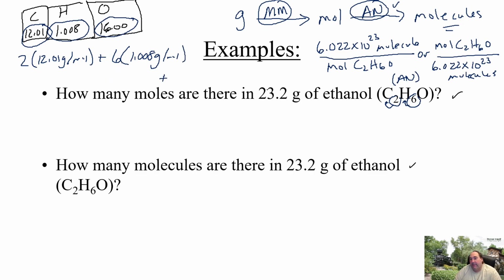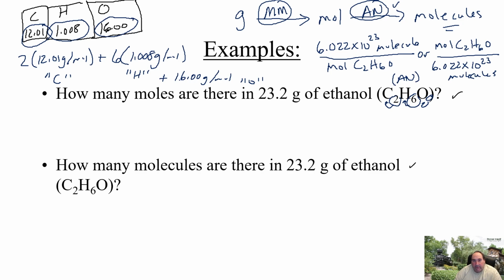We're then going to add it to our oxygen. Remember, if there's nothing written, that's assumed to be 1. So we would have 1 oxygen at 16 grams per mole. This represents, once again, our carbons. That is our hydrogens. And this represents our oxygens. So we're going to add all that together.